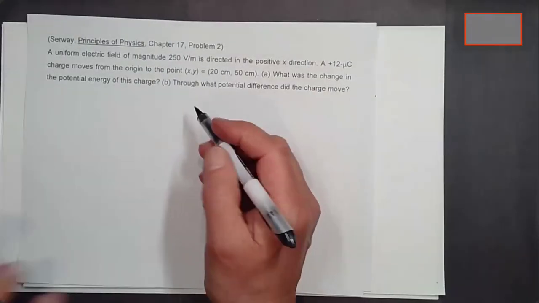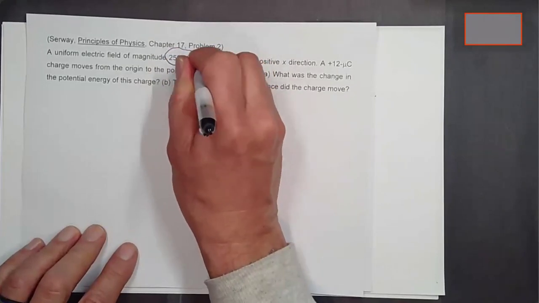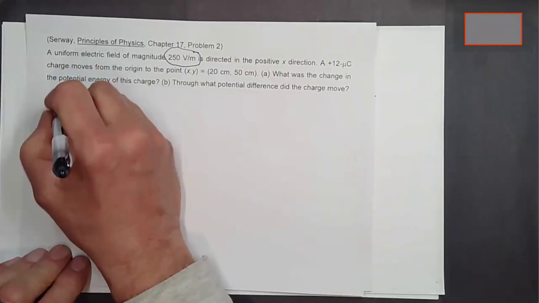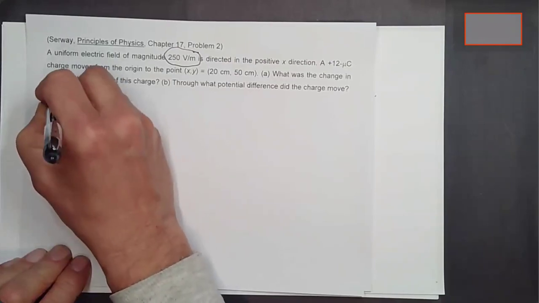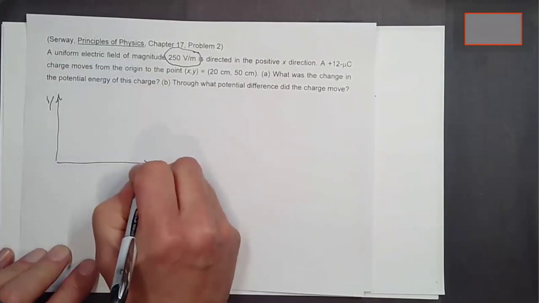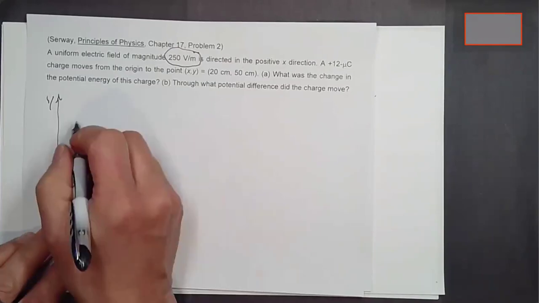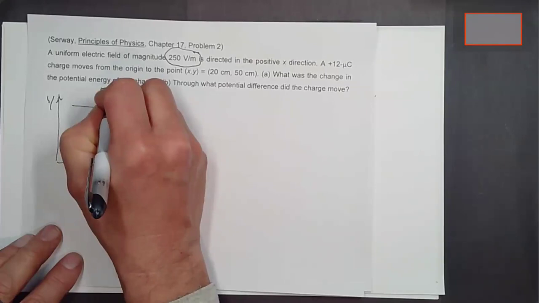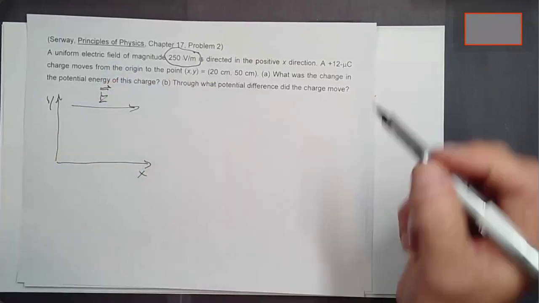Okay, which is why in this problem you have a uniform electric field of magnitude 250 volts per meter. It's directed in the positive x direction. So if this is y up here and this is x, the electric field is pointing in that direction and it's got that magnitude.